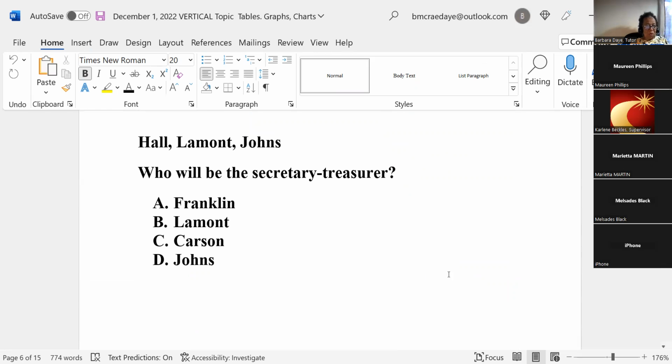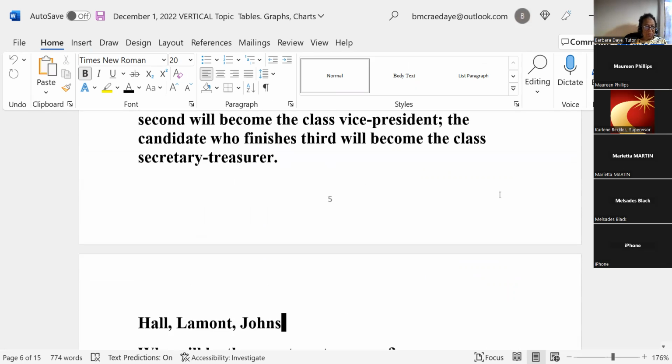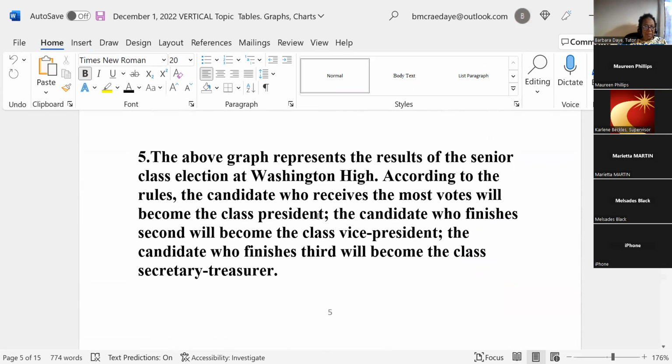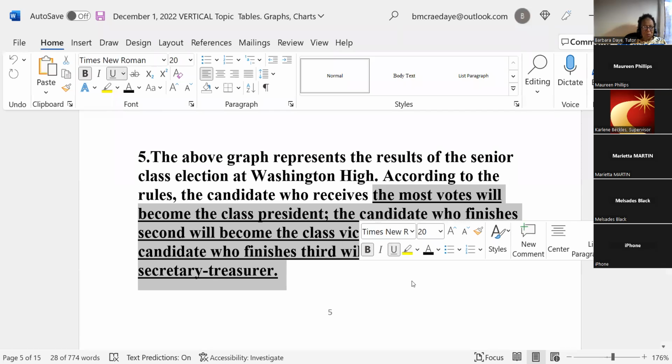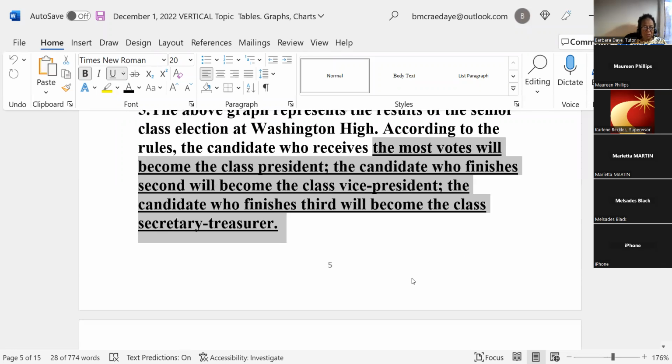So Maureen, let's go back up here. It says the one with the most votes, let's just underline all this. The most votes will be the president. Second would be vice president. Third would be the treasurer. So who got the most votes?